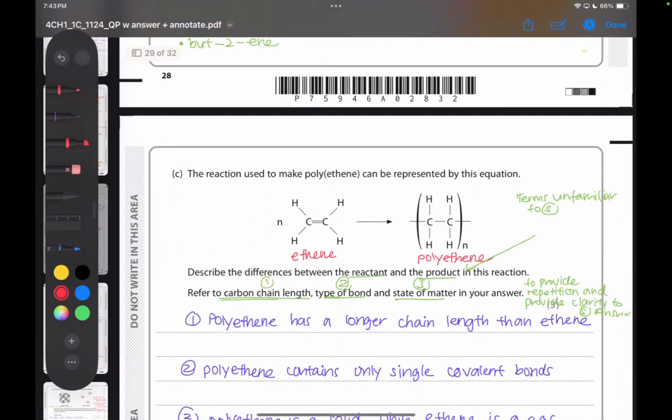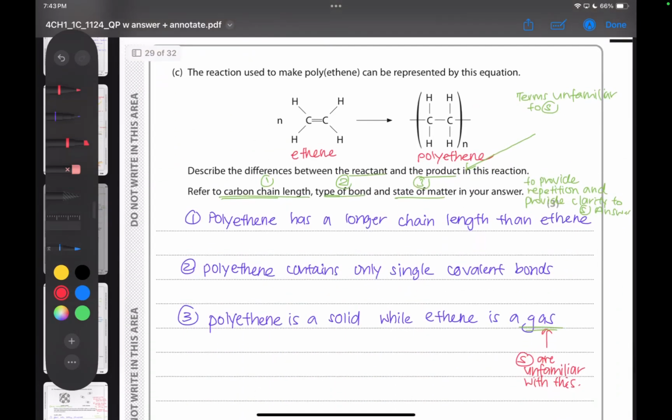Finally, for part C, this is a 3-mark question. It proved to be quite difficult for some students because the question demand is a little bit high. So first we are trying to describe. In case you didn't manage to catch it, if it's describe, you just need to list down and you don't need to explain the why.